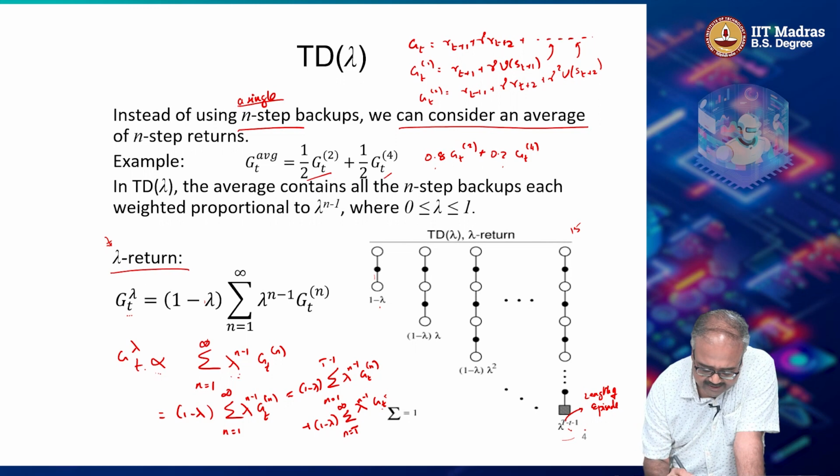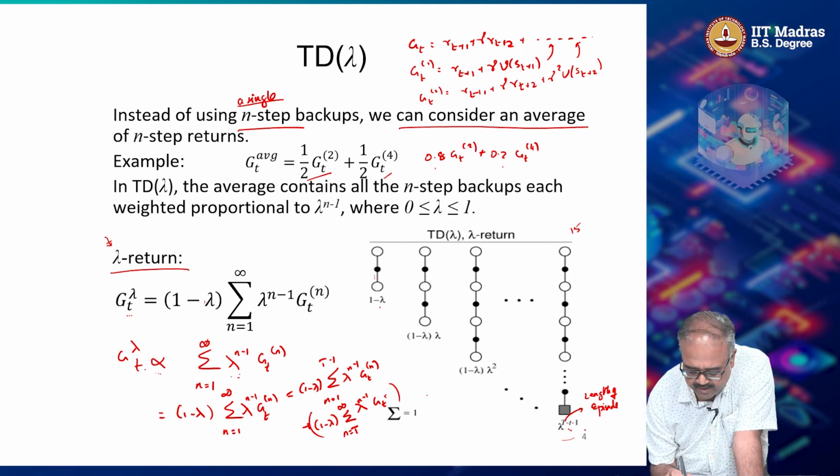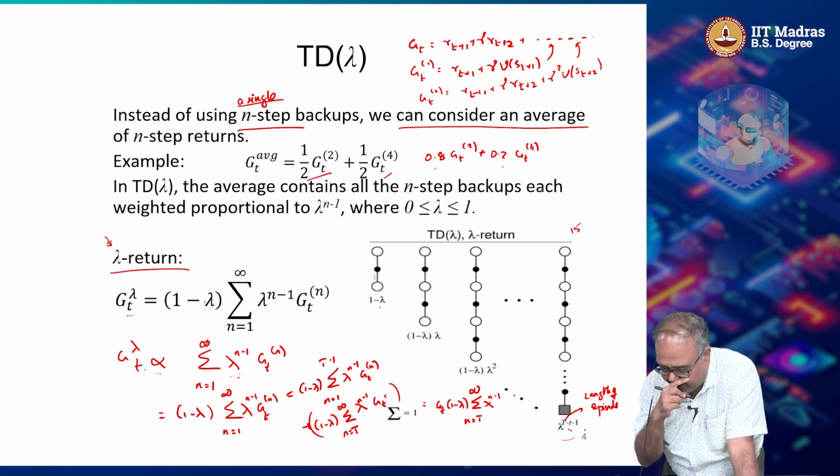Since this is GT, this term alone I am now writing here. So, this is equal to GT into 1 minus lambda into summation n equal t to infinity lambda power n minus 1.